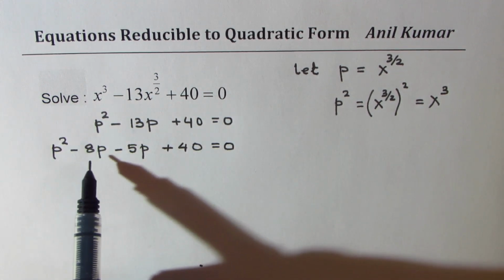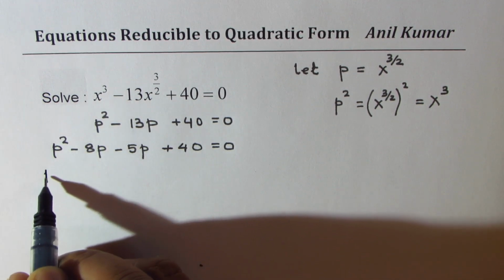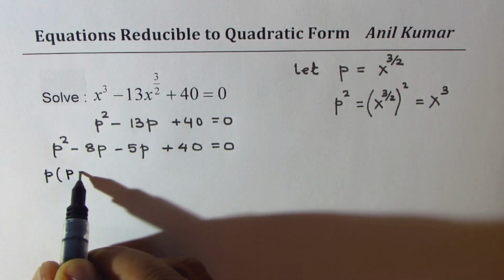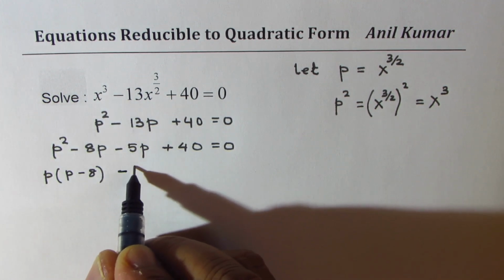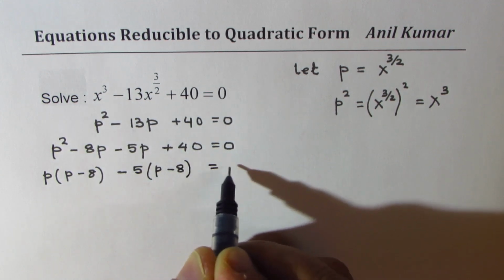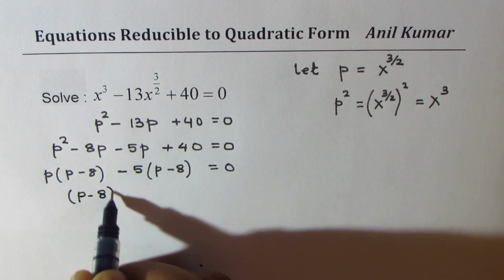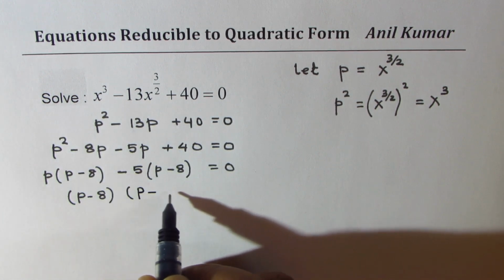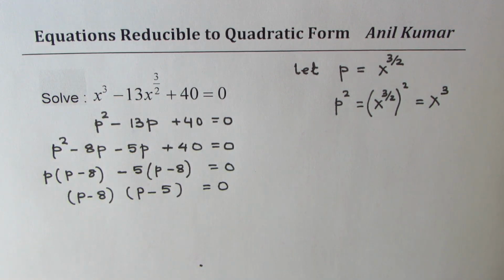Now let's group and factor. We can factor p from the first two terms, getting p minus 8, and here we could factor minus 5. We get p minus 8. Now p minus 8 is a common factor, and we get p minus 5 as the other factor.